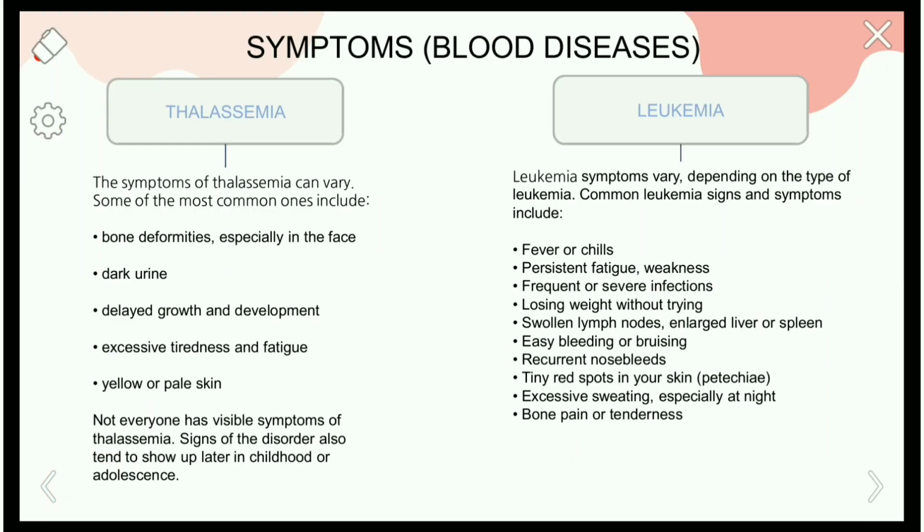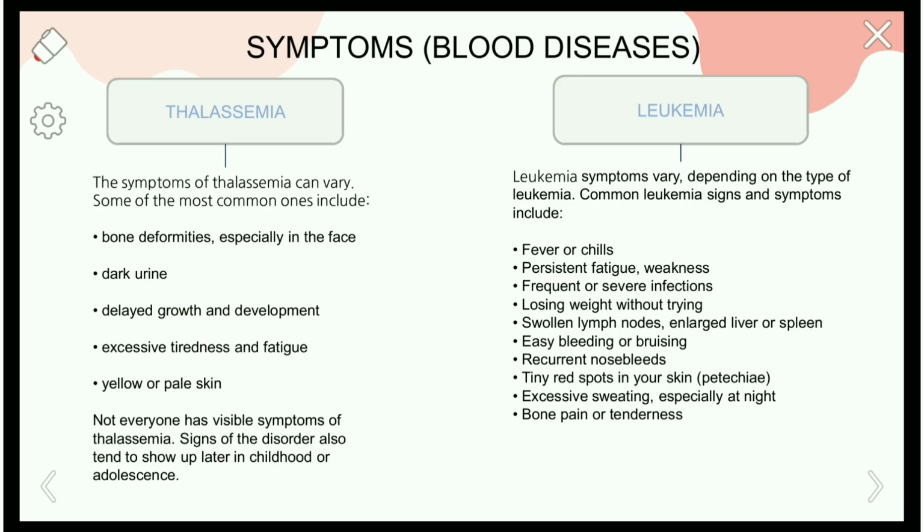Next are the symptoms of blood diseases for thalassemia and leukemia. The most common ones may include bone deformities, especially in the face, dark urine, delayed growth and development, excessive tiredness and fatigue, and yellow or pale skin. But not everyone has visible symptoms of thalassemia.